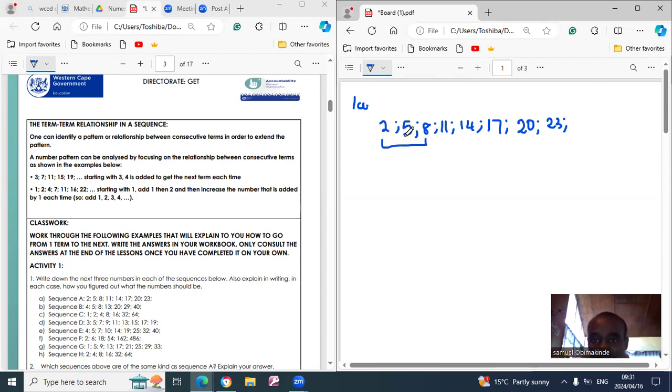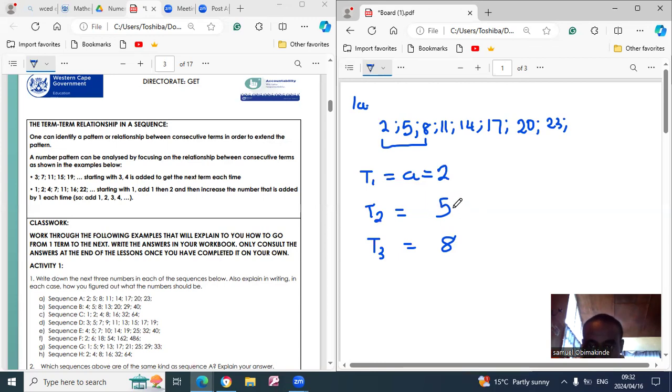So looking at the first 3 terms here, the first term, T1, which is also known as A, is equal to 2 in this sequence. T1 is the first number in that sequence. T2 equals 5. Then T3 equals 8, right?